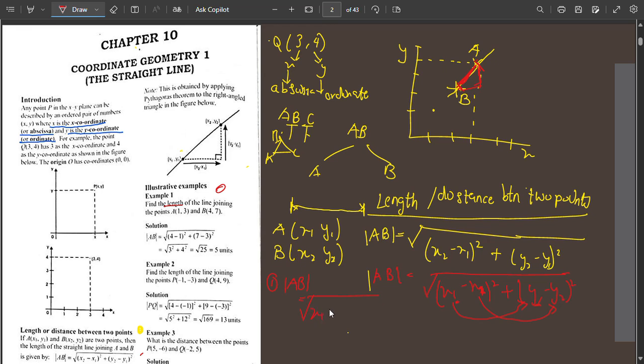So we are going to use (x1 minus x2) squared plus (y1 minus y2) squared. So let's take x1 to be 1, then y1, then x2, then y2. Perfect. So y1 is 1, x2 is 4, and then 3 minus 7 squared.